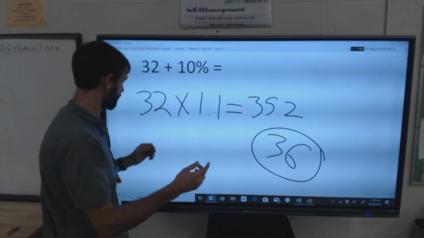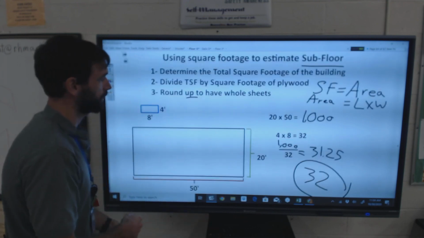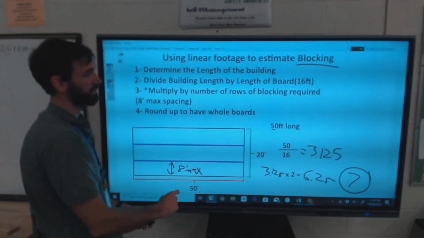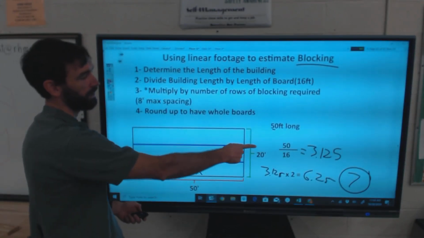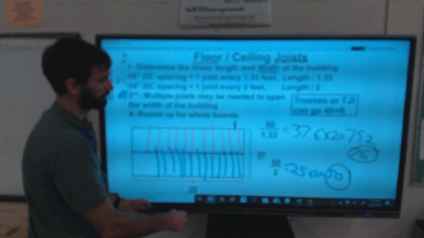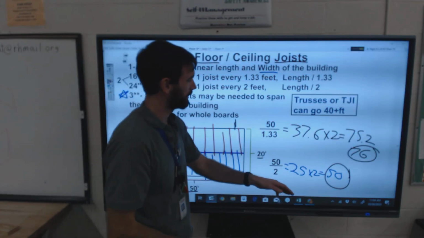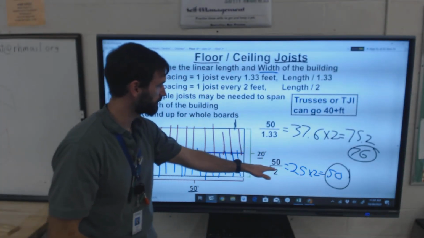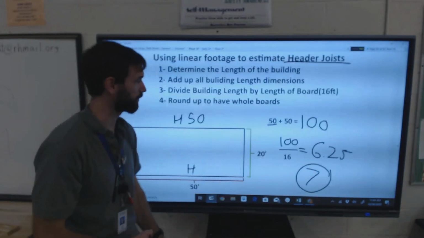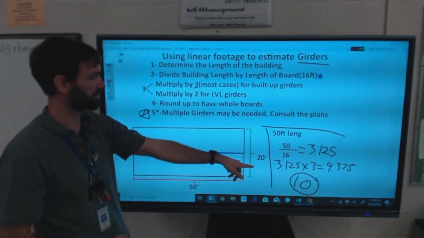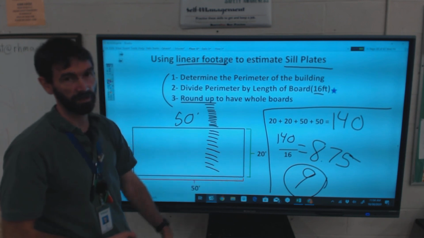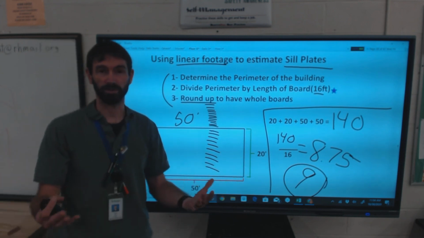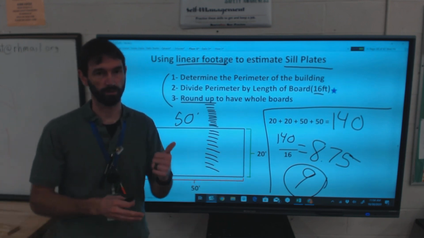So you would find each of these and add 10% to all these. So 8 boards instead of 7, and like 55 boards here instead of 50, so on and so forth. So each step in this process, you would add 10%. And what that does, again, is just make sure that you have enough, that you're good.